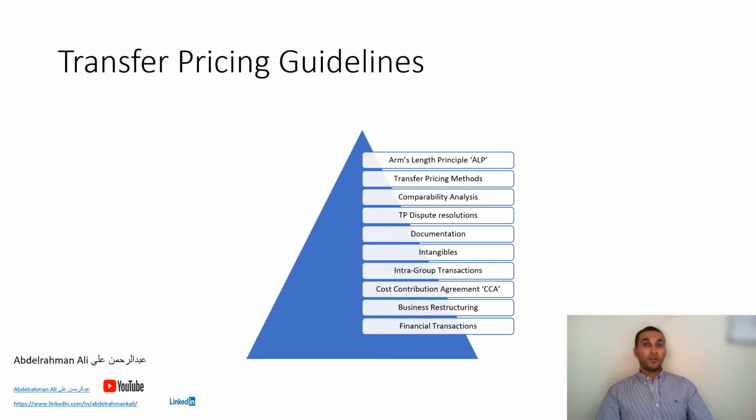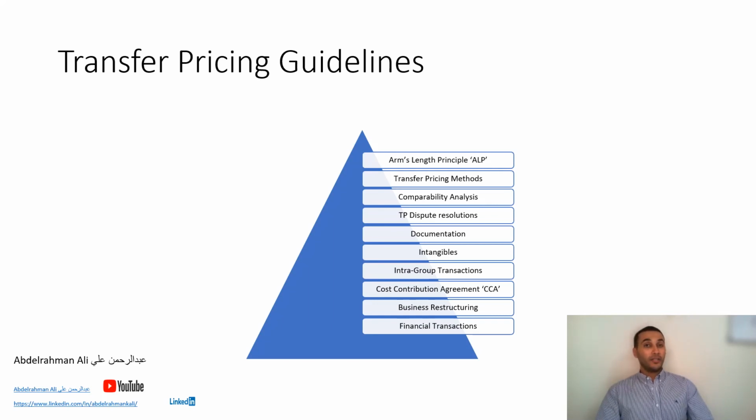About business restructuring, this term is something we see in today's market. So stay tuned to understand the relationship between transfer pricing and business restructuring. One last thing is the chapter that has been added in the 2022 version of the transfer pricing guidelines, which is financial transactions.